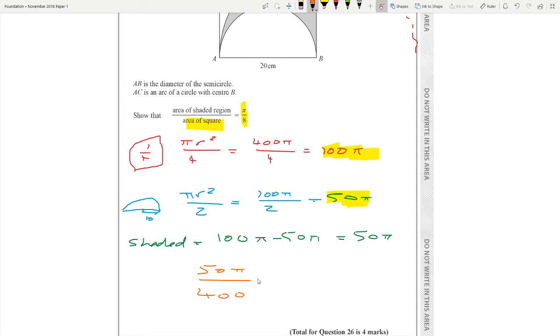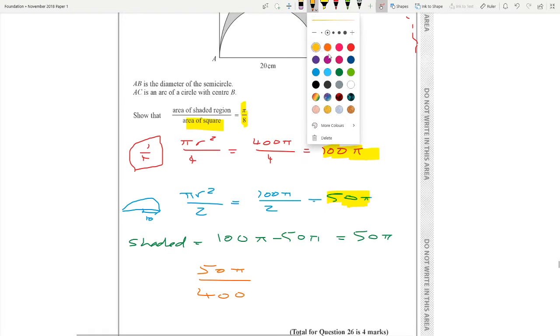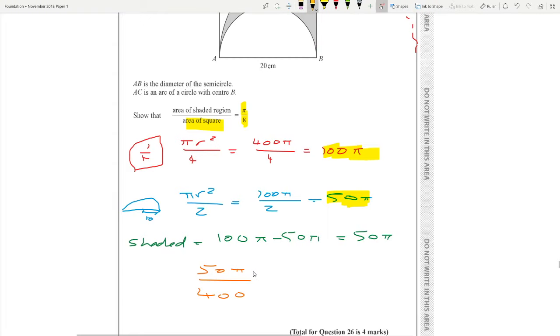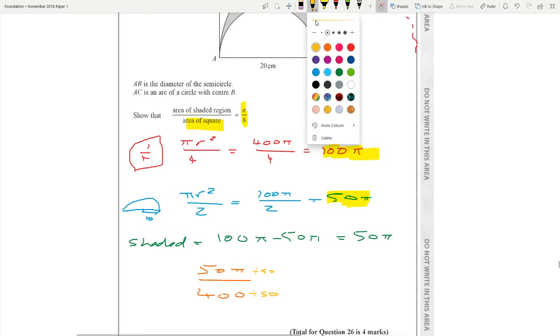Okay, let's cancel this down. To cancel down this fraction, we can divide both the numerator and denominator by 50, isn't it? Okay, what do we get?